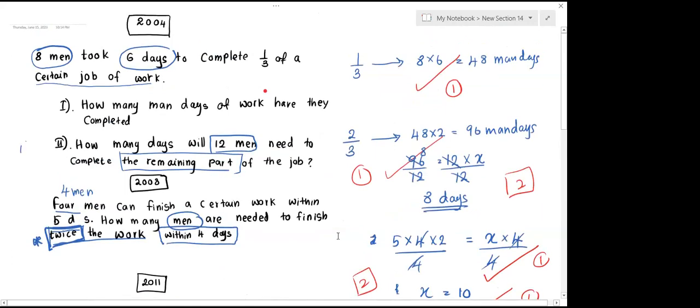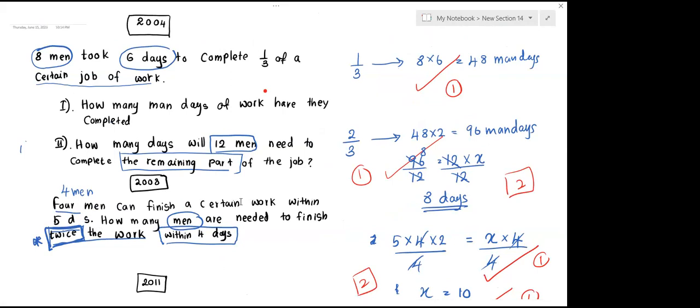Now, what you have to understand is how we calculate the magnitude of the work. Magnitude of the work is calculated by number of men times number of days. The meaning of magnitude of work is the number of days that one man requires to complete a certain task.